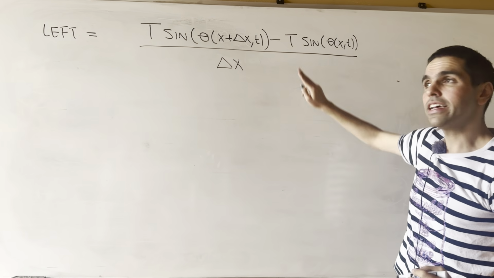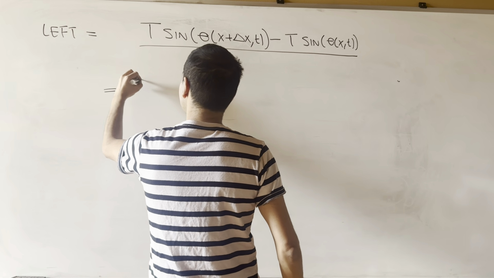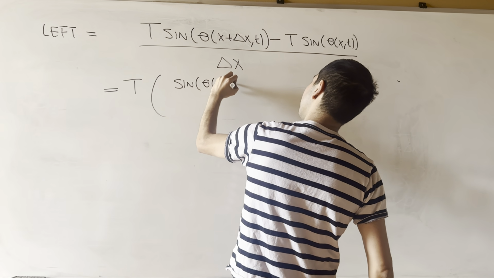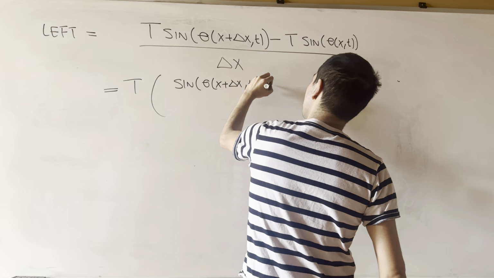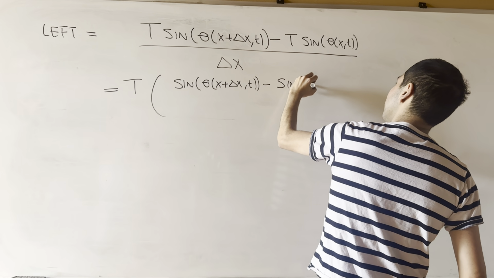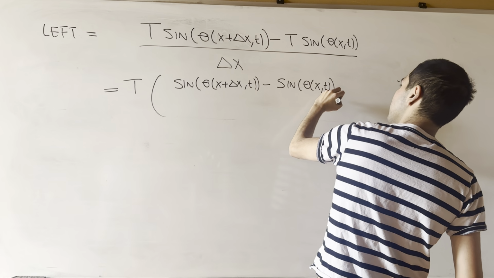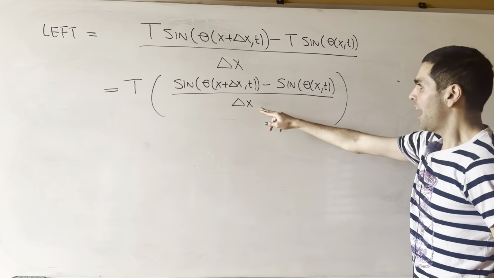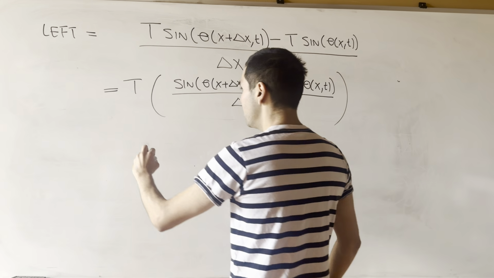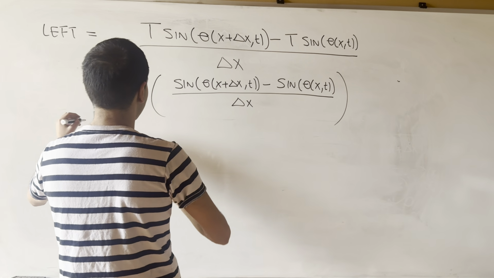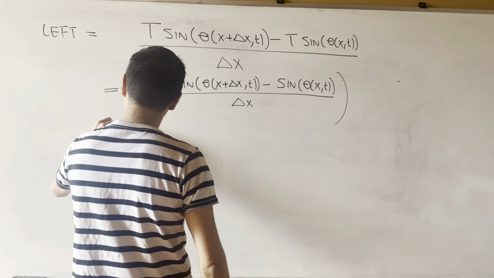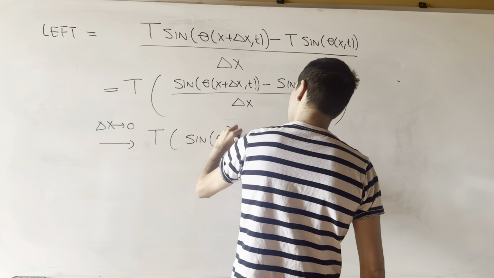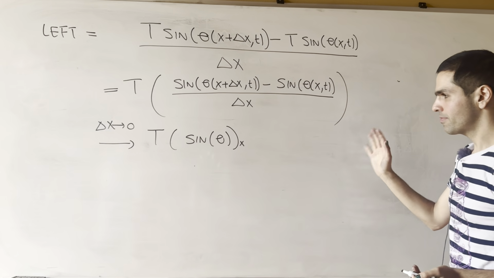Remember, our assumption is that T is constant, so this is T times sine of theta of (x plus delta x, t) minus sine of theta of (x, t) over delta x. And well, as delta x goes to 0, this just becomes a derivative of sine of theta. So T times the derivative of sine of theta with respect to x.